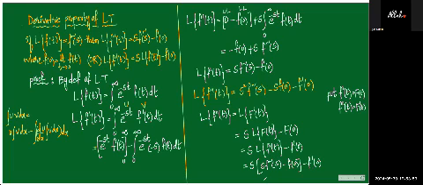Right, now multiply s into s, what, tell me, s into s square f bar of s minus s into f of 0 minus f dash of 0, that is our result.